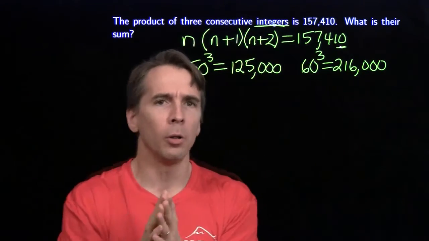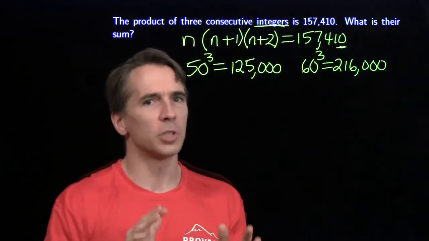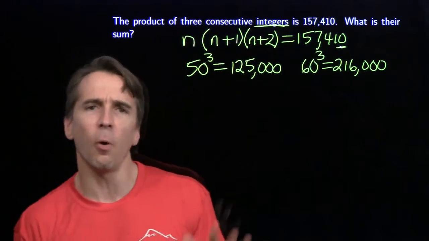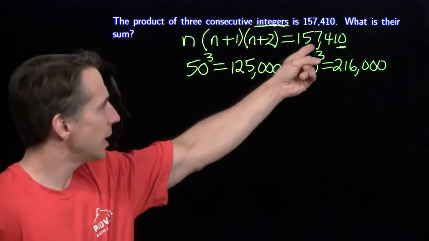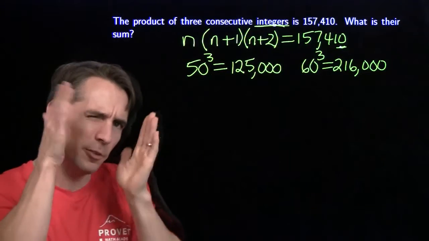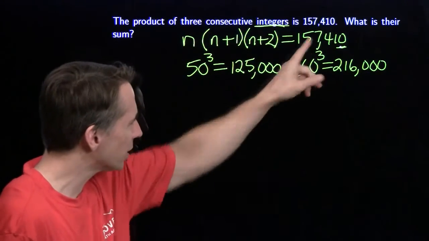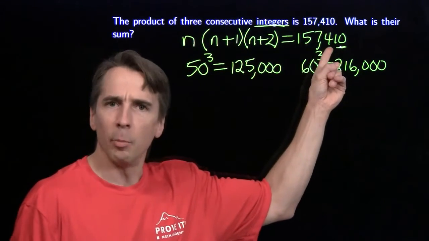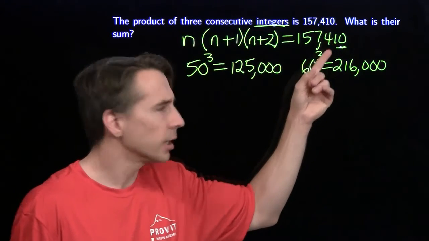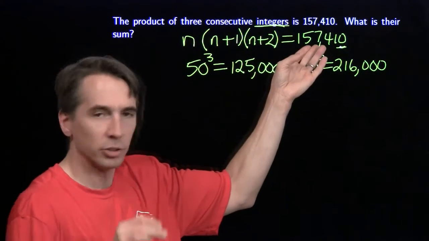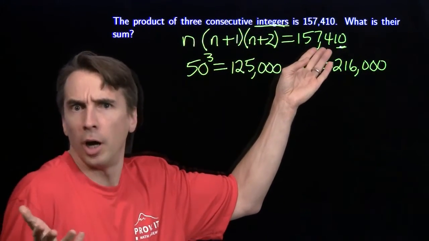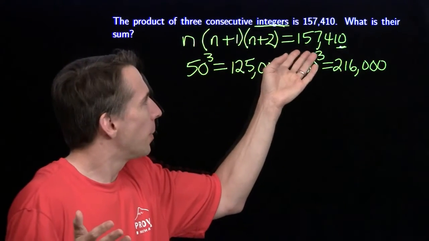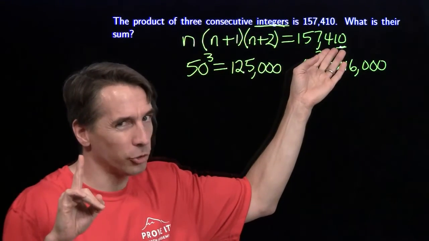So now I start thinking, what about the other numbers? If one of the numbers is 55, then one of the others is going to be 54 or 56. Looking at 56, I look at this number and I think, that's not a multiple of 4. Because 157,400 is a multiple of 100, so it's a multiple of 4. But then I add on 10, and 10's not a multiple of 4.